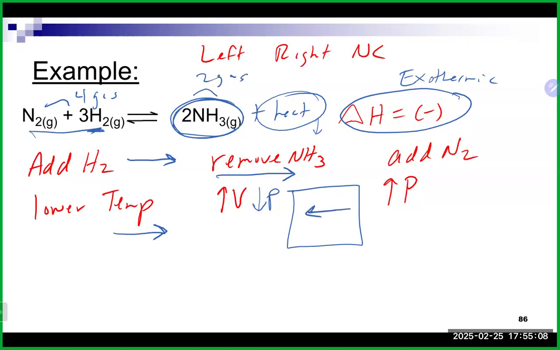Lastly, here we're adding N2, which is a reactant. That's going to cause more reactants than products, causing the forward direction to occur and shift away from the side we added it to. And increasing the pressure here, we end up with a smaller volume. So in that smaller volume, we need fewer gas molecules, and it should shift to the right in this case. Any questions on any of those?